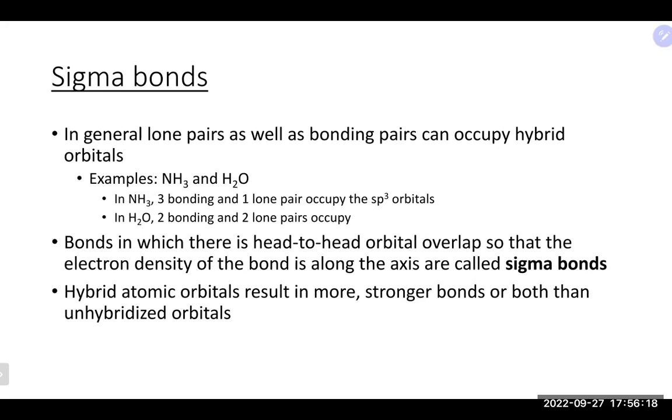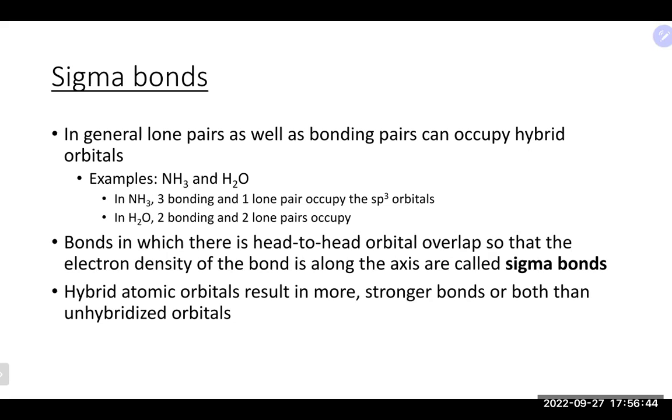When we draw our Lewis structure around the central atom, we sometimes have dots, and those can also be accounted for with hybridization as being already paired off. That does occur with NH3 and H2O, and we'll look at those in just a second and explain what happens and where the electrons go.